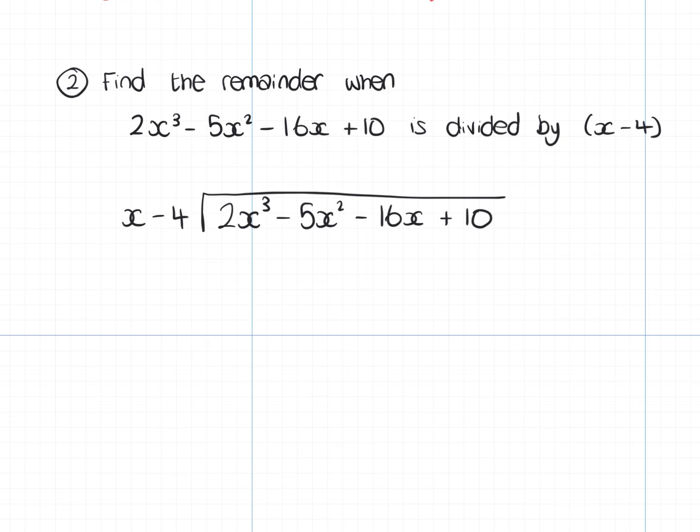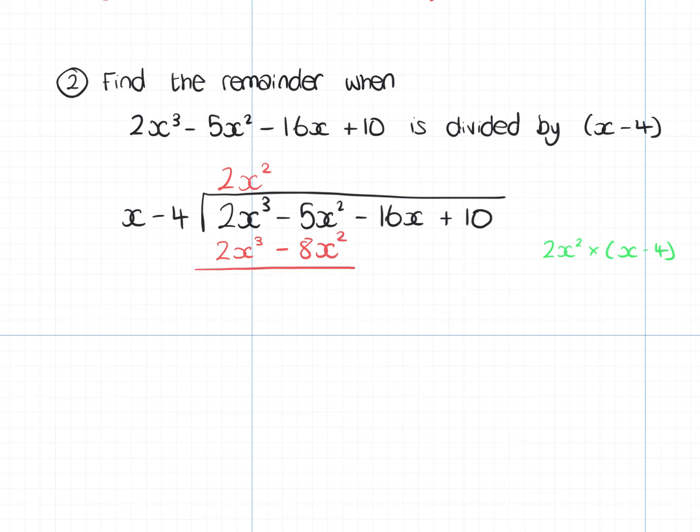So first of all, I want to get this first term. What do I need to multiply x by to get 2x cubed? I have to multiply by 2x squared. So if I do 2x squared multiplied by the bit I'm dividing by, x minus 4, I'm going to get 2x cubed minus 8x squared.